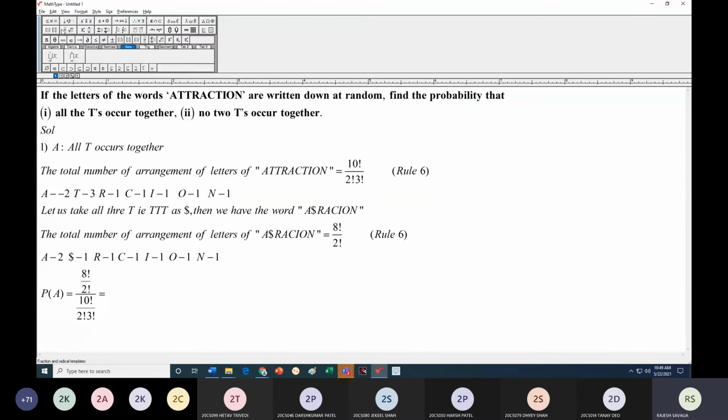So let us simplify this expression. Numerator is 8 factorial divided by 2 factorial into 10 factorial by 2 factorial into 3 factorial. So 2 factorial cancels.